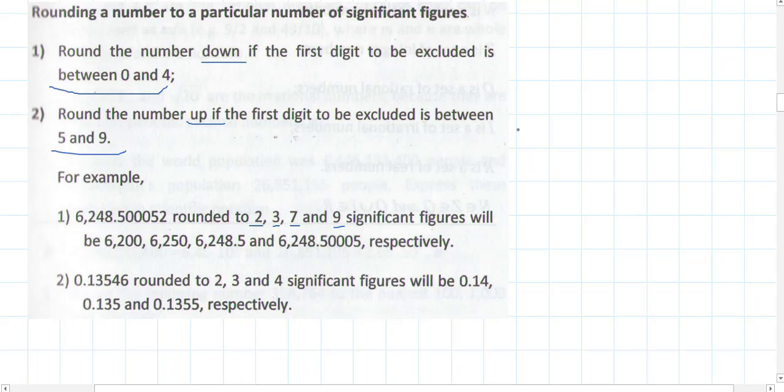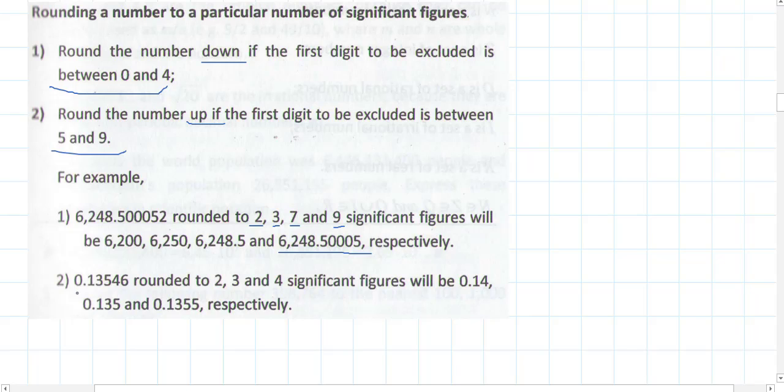We will not write zeros at the end of decimal fractions. And for 9 significant figures: 1, 2, 3, 4, 5, 6, 7, 8, 9. This is 5, and after 5 we have 2, which is less than 5. That's why we need to round the number down. So it will be just this one.